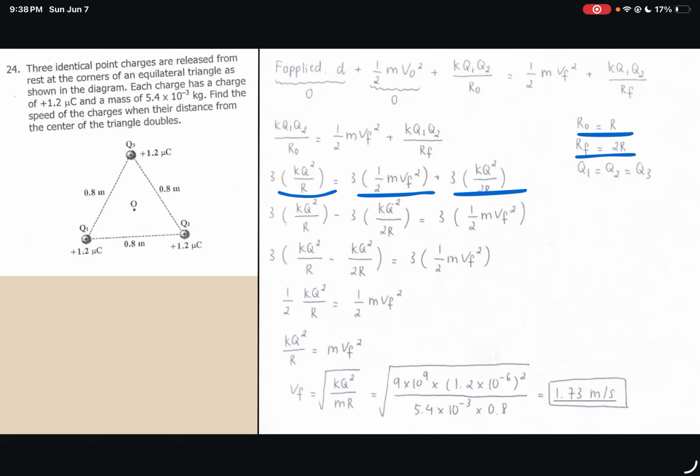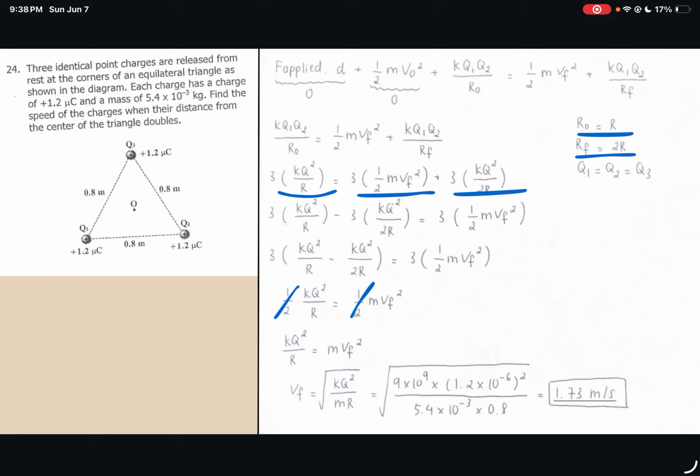Dividing both sides by 3, we get 1 over 2 kq squared over r equals 1 over 2m v final square. Also, cancelling 1 over 2 on both sides, we get kq squared over r equals mv final square. Final velocity is the square root of kq squared over mr.